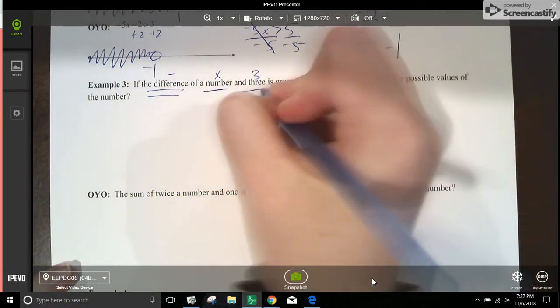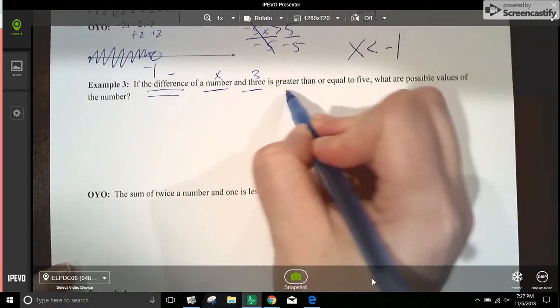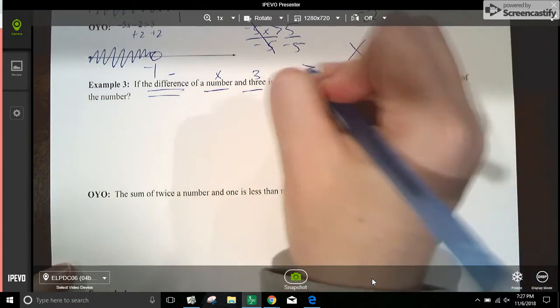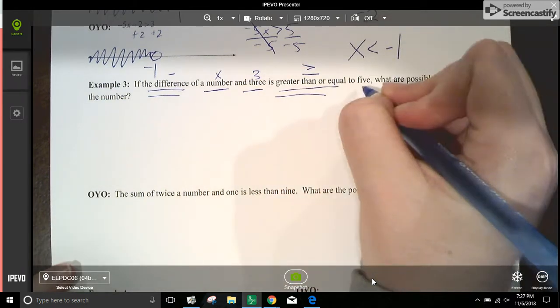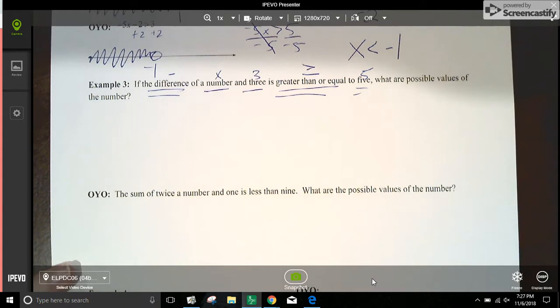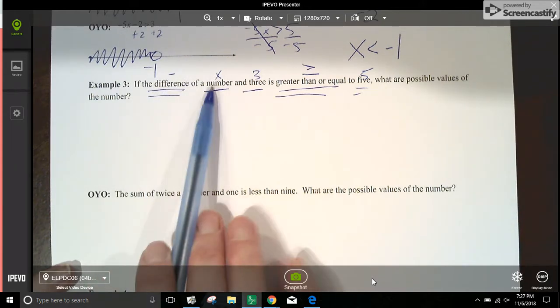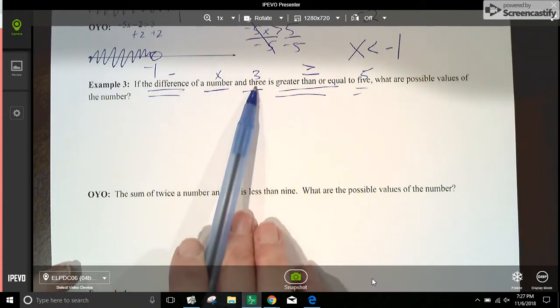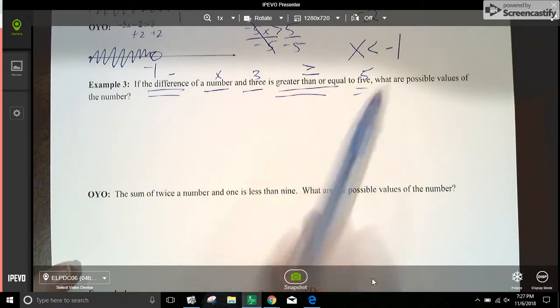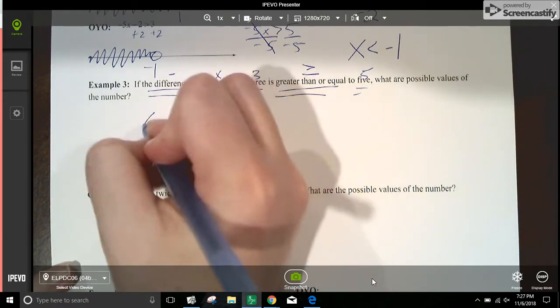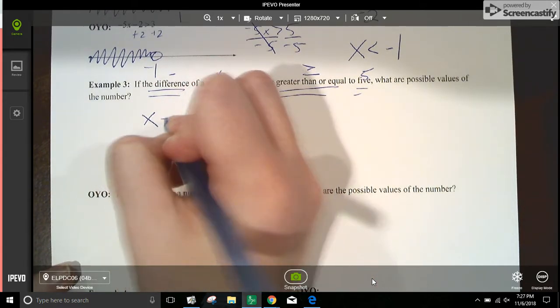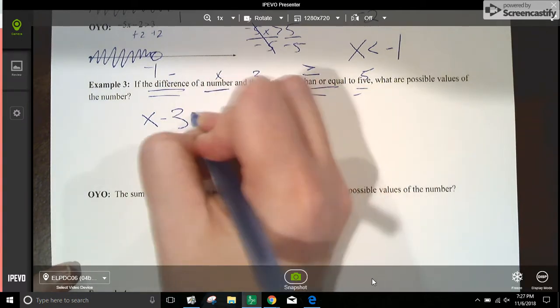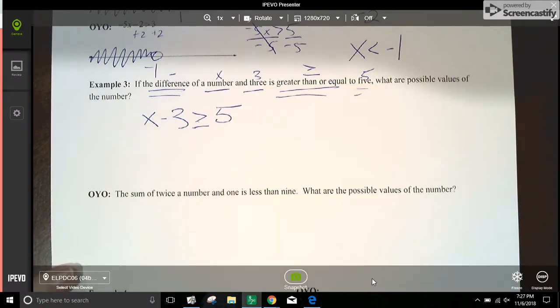This is 3, obviously. Greater than or equal to, and then 5. So the subtraction of a number that we don't know, x, and 3 has to be greater than or equal to 5.